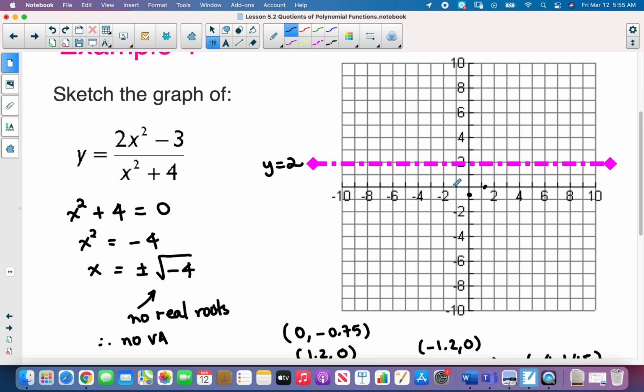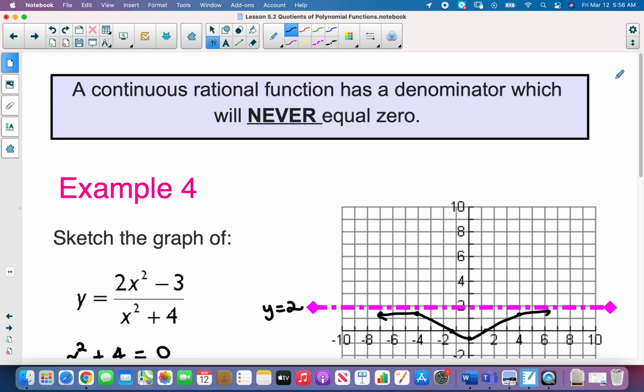So those x-intercepts, and then 4 and 1.45 and negative 4 and 1.45, and you can see that this is the way this function is. So it has only a horizontal asymptote and no vertical asymptotes, because it has a denominator which will never equal 0.